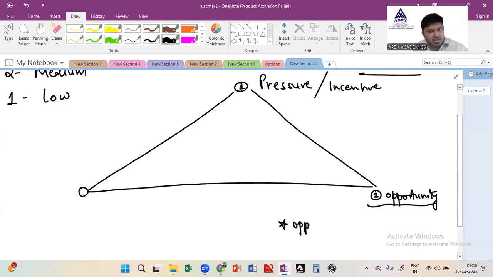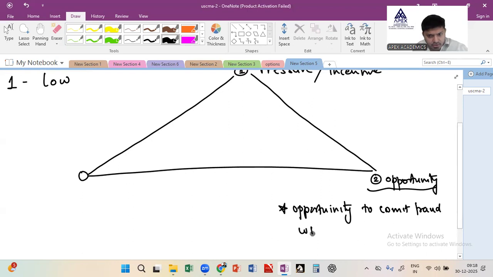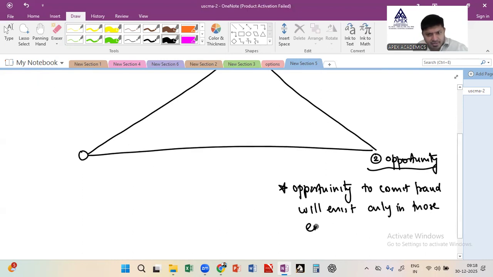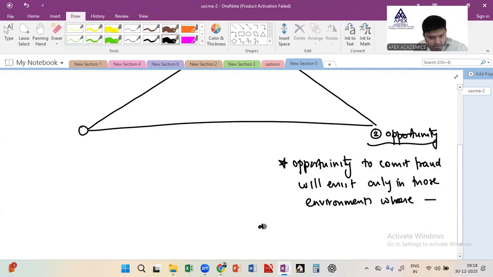Please remember this: your opportunity to commit fraud will exist only in those environments where, number one, internal controls are weak or ineffective.